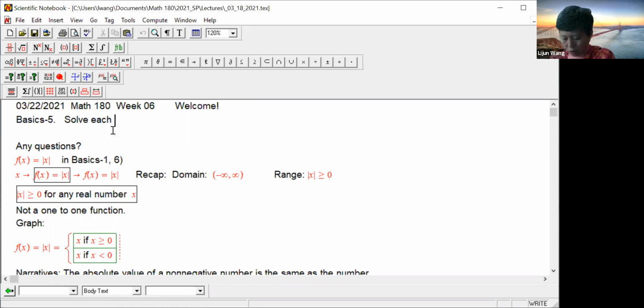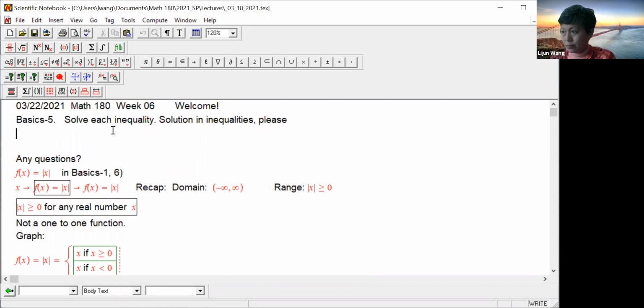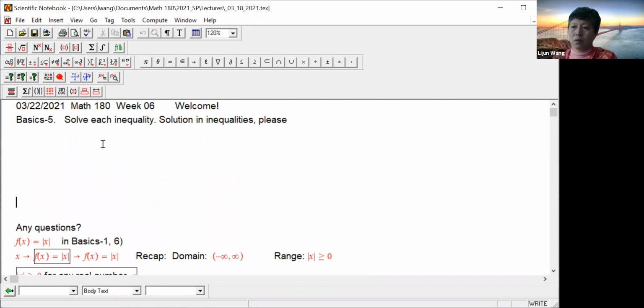Solve each inequality. These questions seem very simple and the answers are typically very short, but in my past 25 years of teaching experience, not including when I was a TA in graduate school, we saw persistent mistakes.